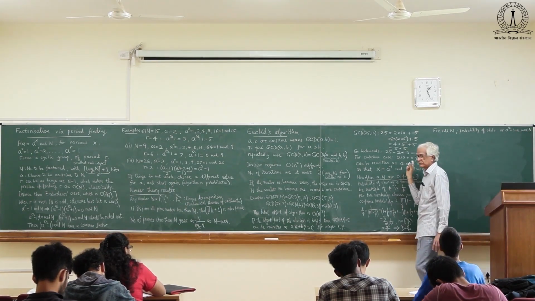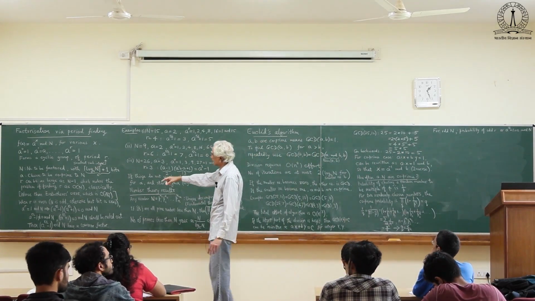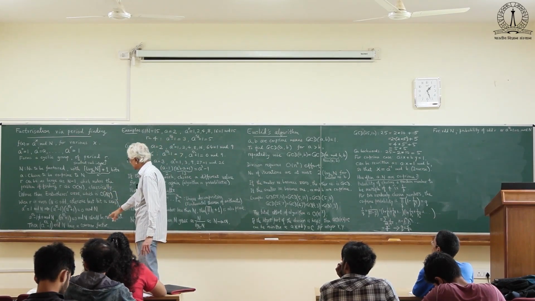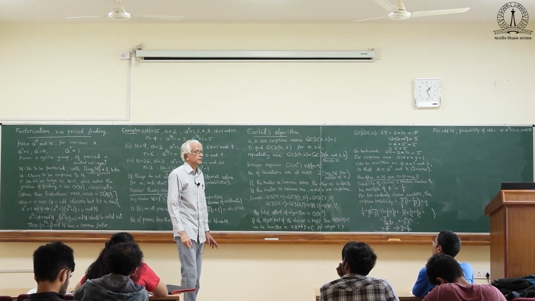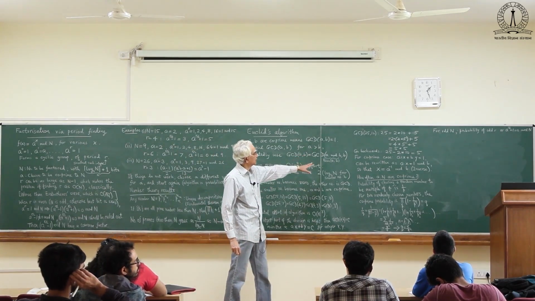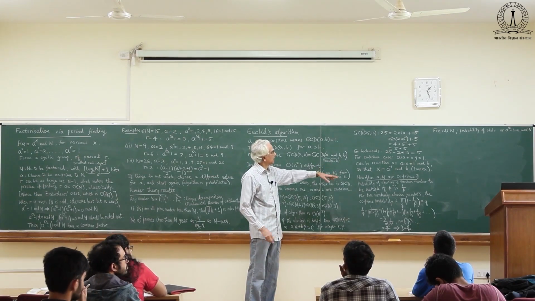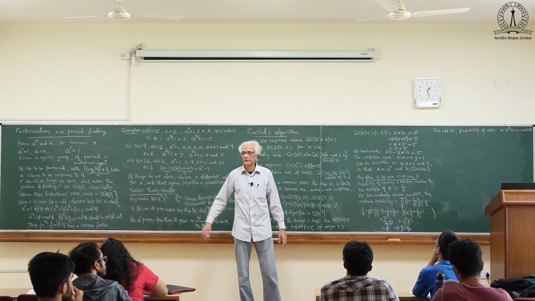These are the two situations I want to rule out, because this thing worked only when R was even and this factor was not 0. So I want to rule out that either the period is odd, or that factor is equal to 0, the opposite of what I require.